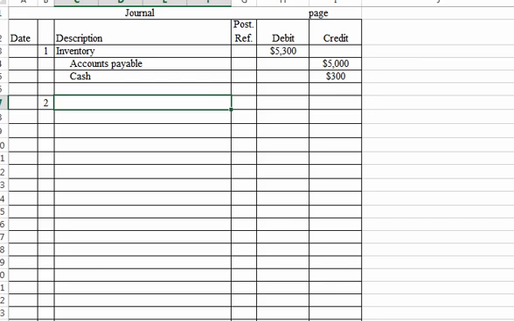So we'll debit accounts payable to decrease the liability for the amount of the return, $600. And we'll credit inventory for $600.